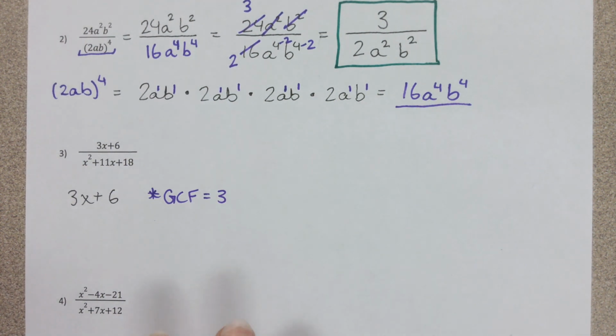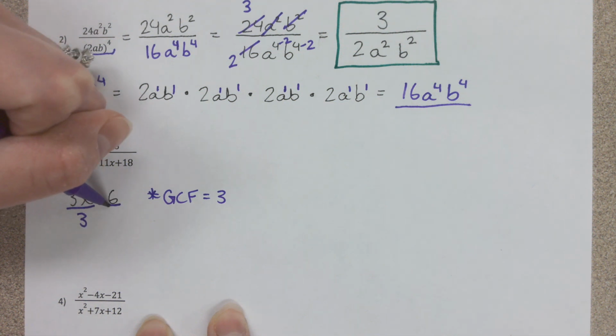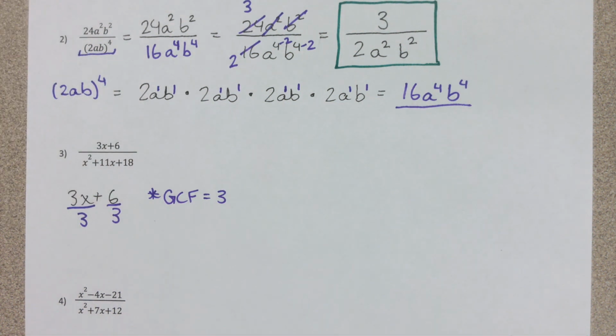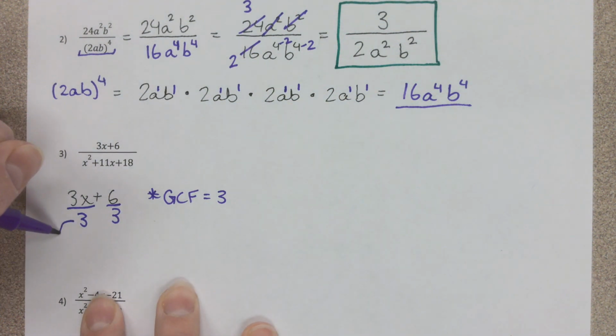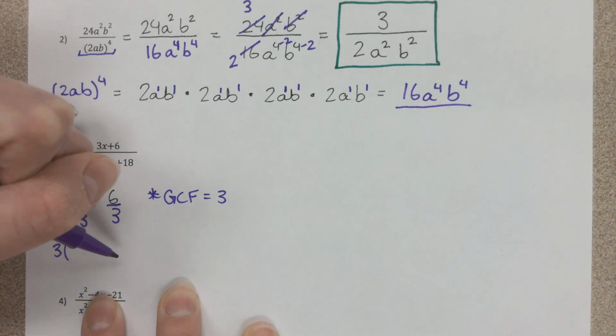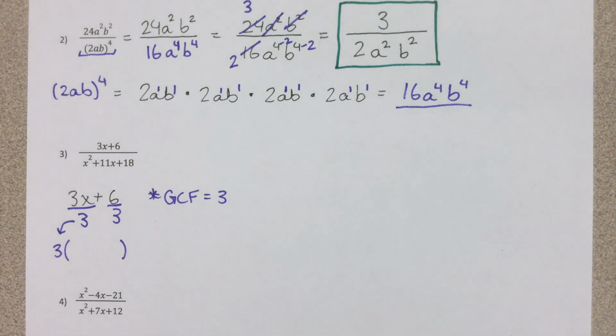When you do this, we're going to divide both terms separately by that GCF. Reminder, the GCF does not disappear. It just comes out of the expression. So I'm going to bring that 3 down and put it outside a set of parentheses.